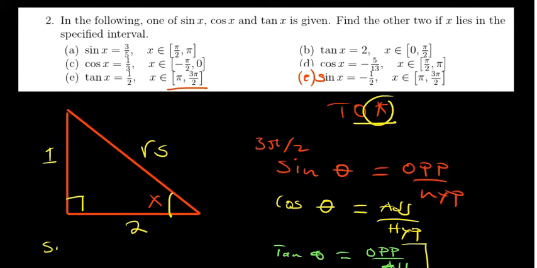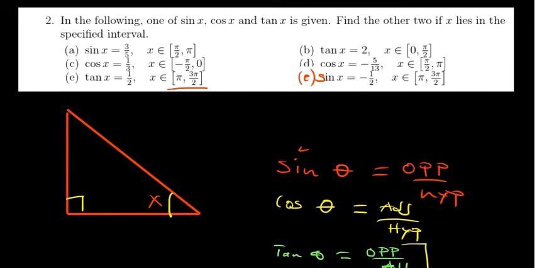So sine of x will be negative, the opposite is 1, the hypotenuse is root of 5. For cosine of x, the adjacent is 2, so negative 2 over root of 5. I hope you understand. I think you've gotten the idea here. You should be able to pause and answer the last one to build some confidence.